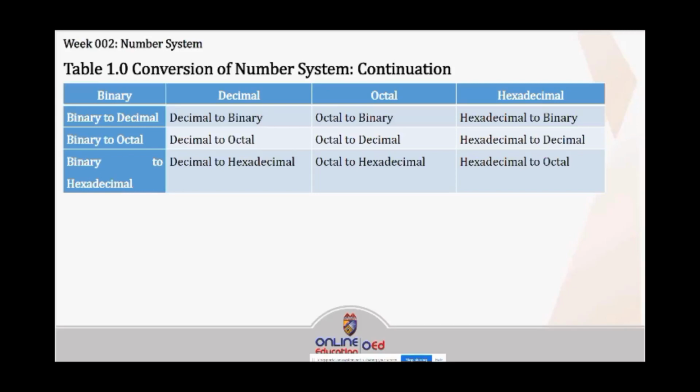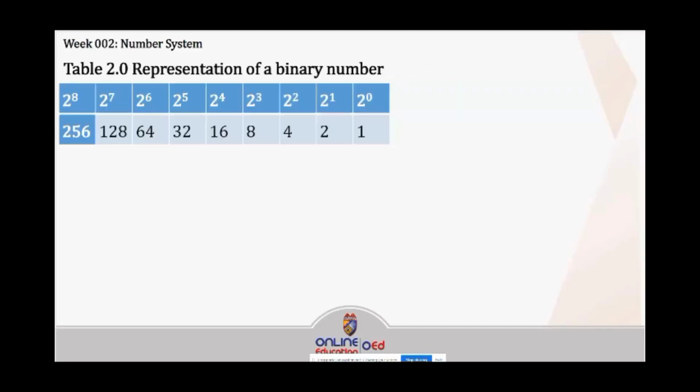Then we have the octal: octal to binary, octal to decimal, and octal to hexadecimal. For the hexadecimal, we will convert hexa to binary, hexa to decimal, and hexa to octal. These are the things that we have to learn.